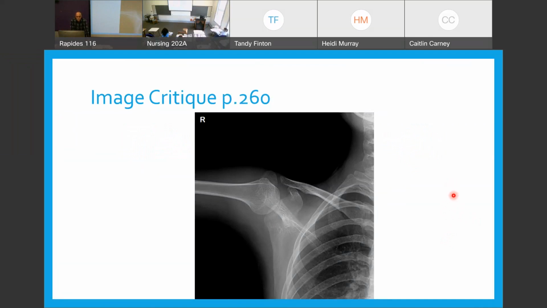Talk it out. Well, the shoulder is in the center of the image, so I'm assuming a shoulder joint, maybe. I think it meets image criteria because the humerus is pulled out of the way.